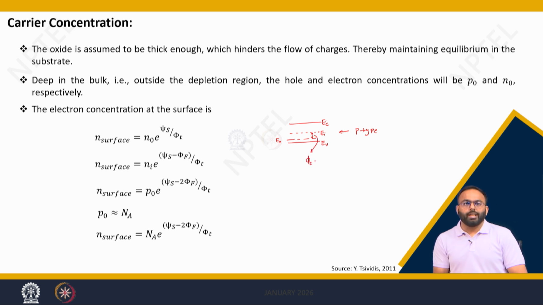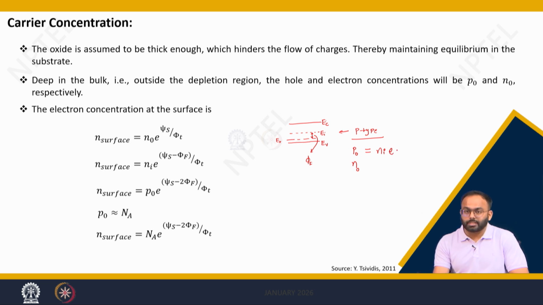Now I want to write the equation for hole concentration and electron concentration in the p-type semiconductor. In a p-type semiconductor, the hole concentration can be represented by p naught under equilibrium, and the electron concentration by n naught. We will use general common sense: p naught in a p-type semiconductor is higher than the intrinsic carrier concentration, ni.